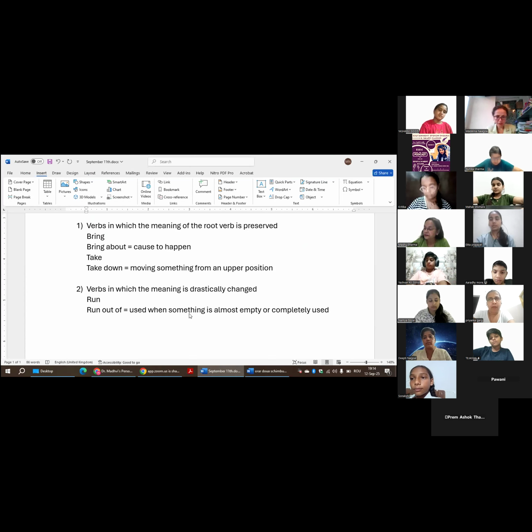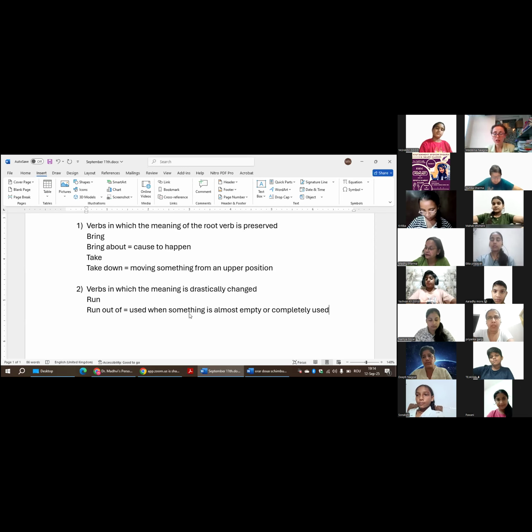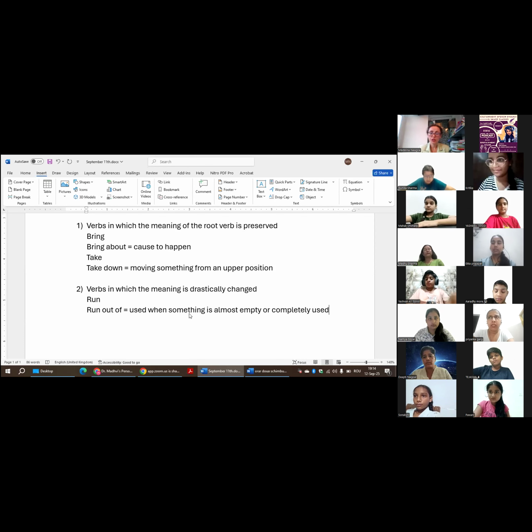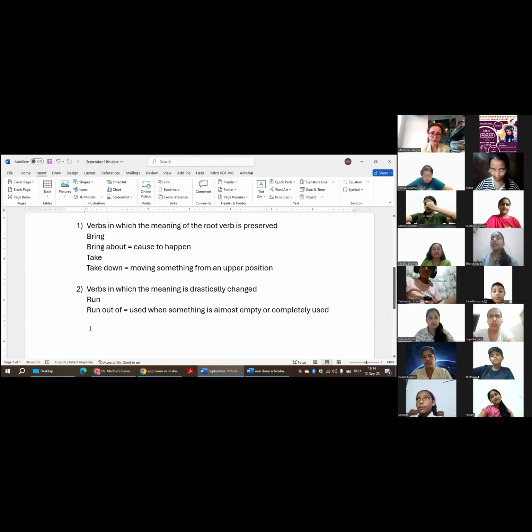So either literally when you run out of sugar or flour or coffee, okay, you don't have any and you need to buy, or when you run out of time, just like you gave a very good example, when you have a certain amount of time and that time has almost passed, so you run out of time. As you can see, it's not related to run anymore. Okay, the meaning of the root verb is drastically changed.